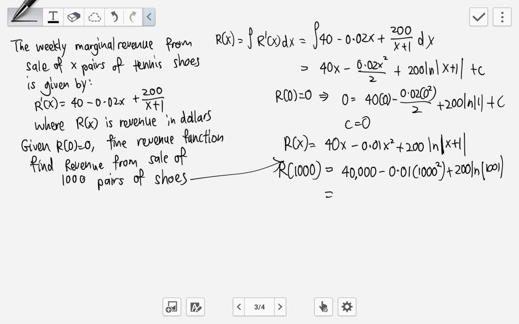That will give me my answer, which is about $31,319.75. Does it sound reasonable? Should be, because one pair of shoes is about 40 minus 0.01, so close to 40. Yeah, it should be reasonable. Okay, that's done.